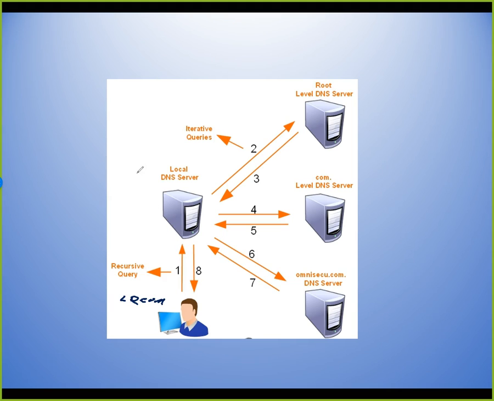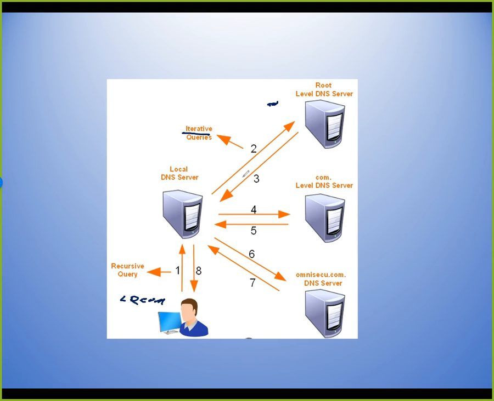If it doesn't have it, it starts what's called an iterative lookup, iterative queries. The first thing it does is go to the root level, and I'm going to leaderquest.com, so actually it goes to the root level itself, and says, can you tell me how to get to www.leaderquest.com?